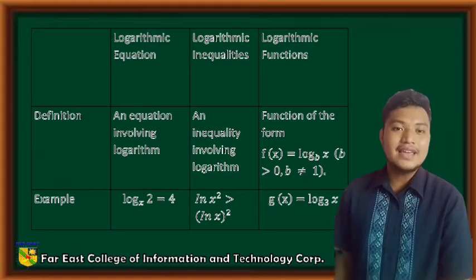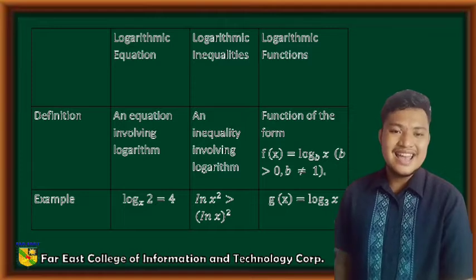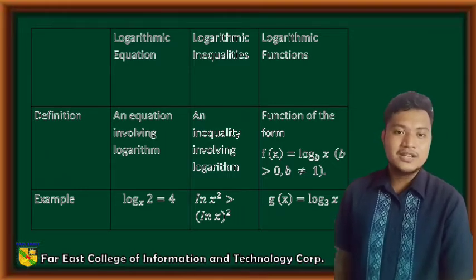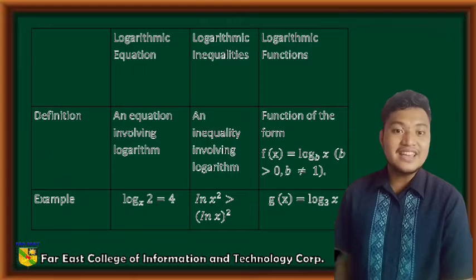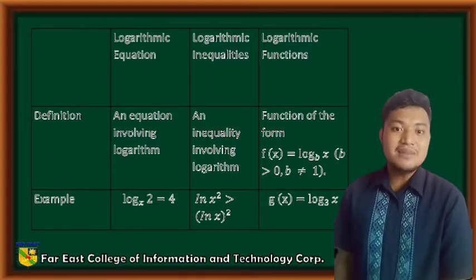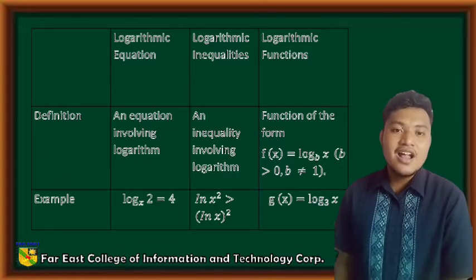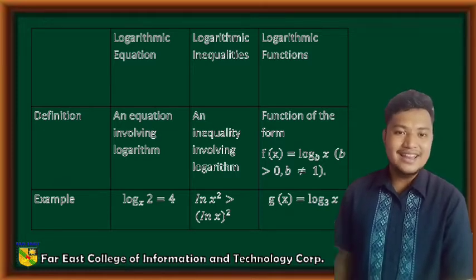So, meron tayo makikita symbol na more than, greater than, less than, more than or equal, less than or equal, or not equal. So, in this example, meron tayong nakitang symbol which is the greater than or more than. So, masasabi natin ito ay logarithmic inequality.